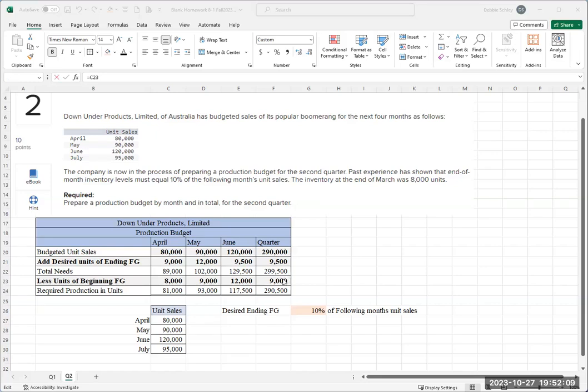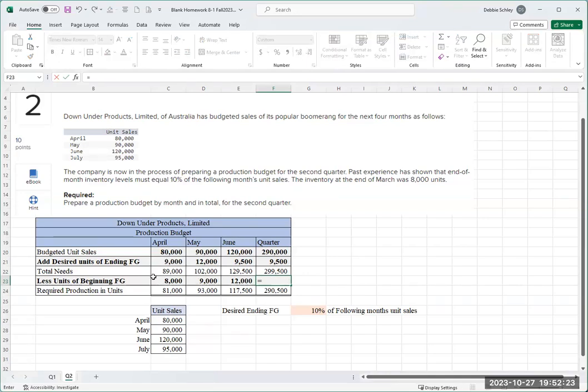Oh, I referenced the wrong one right there. You guys should have caught me. So this is the same as the beginning finished goods, not ending. Sorry, I did that wrong. So it's the beginning finished goods right there.